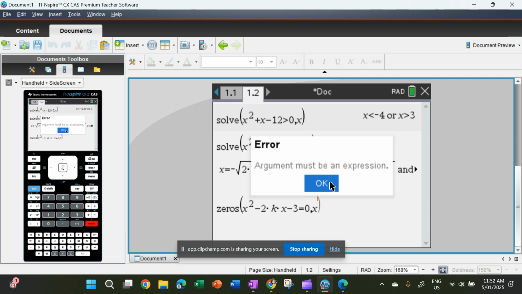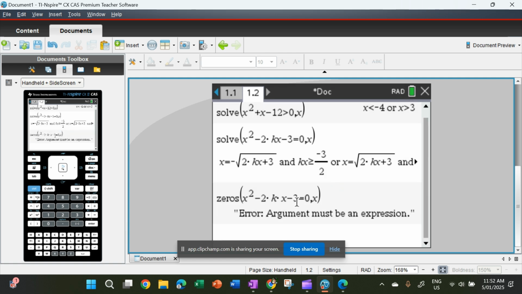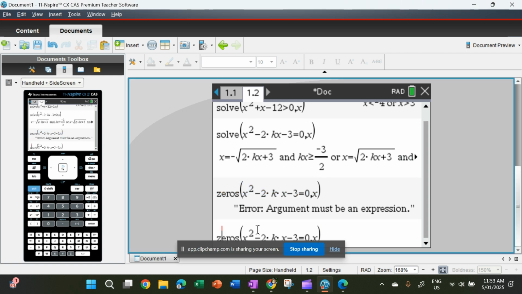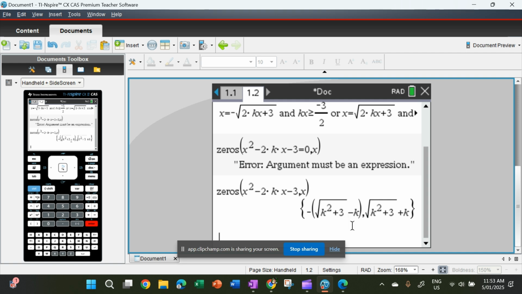You can see there's an error, so we don't have to type the equals 0. We just copy it down again and get rid of the zero, and it gives you two answers as well. Hopefully that makes sense.